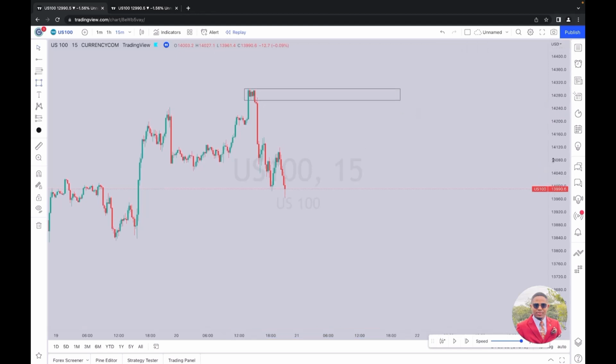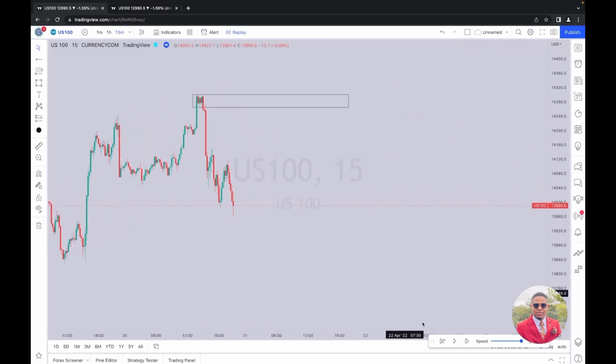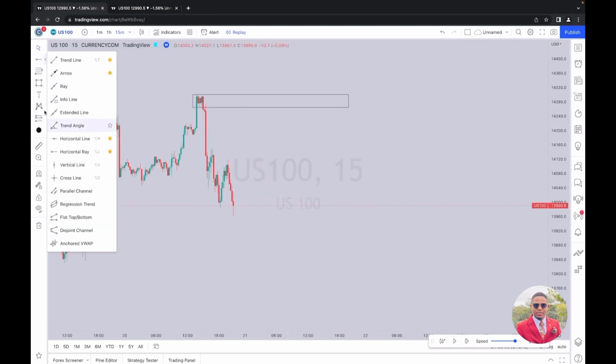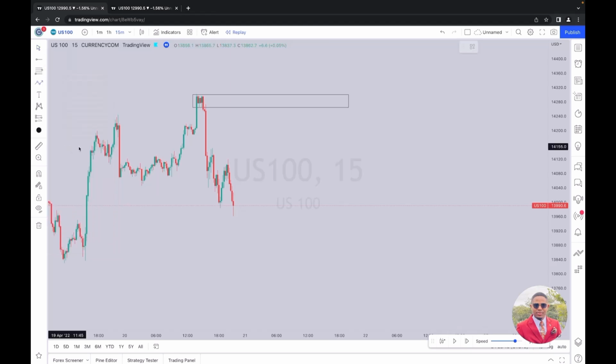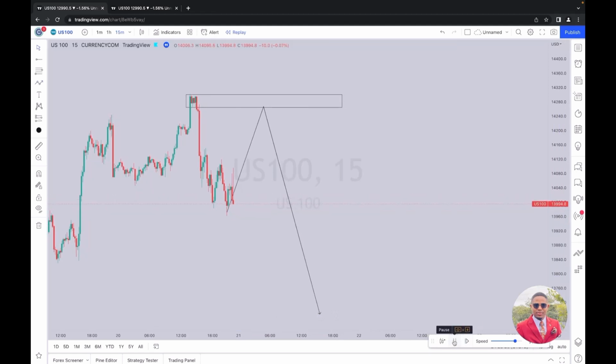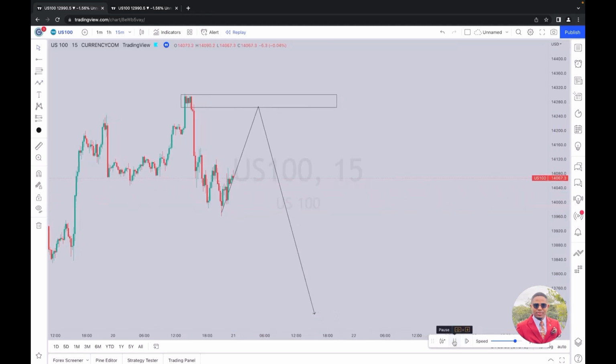After drawing our order block like this, now what we're going to do is wait for price to go back to the order block, right? Like this. Then this is the move that we are waiting for. So when price is going up like this, you need to wait for it.